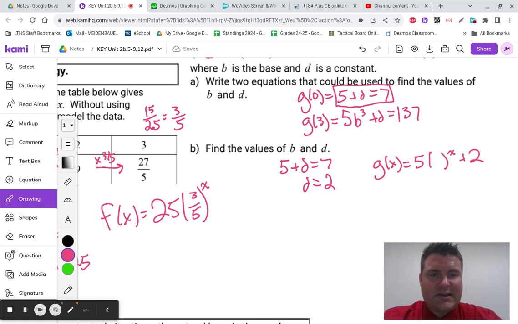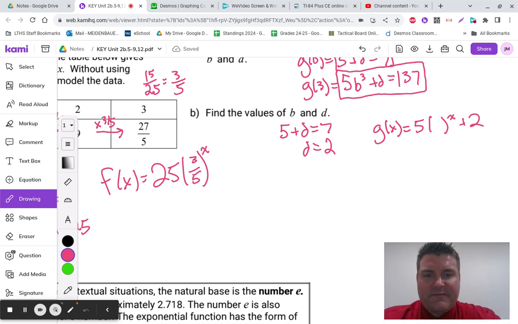Okay, how do I find the second one? Well, I'll take the equation I'm boxing right now, plug in d, and solve for b. So I'm going to get 5b cubed plus 2 equals 137. Subtract 2 from both sides. 5b cubed equals 135.